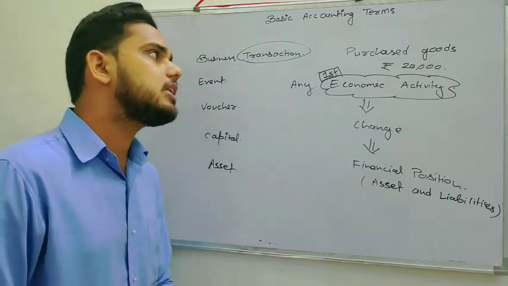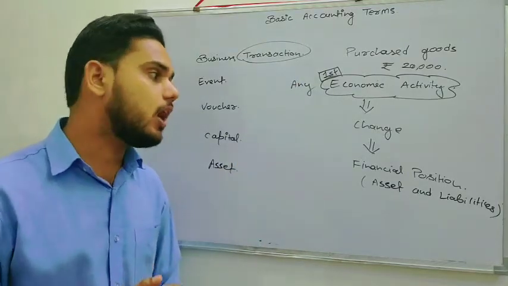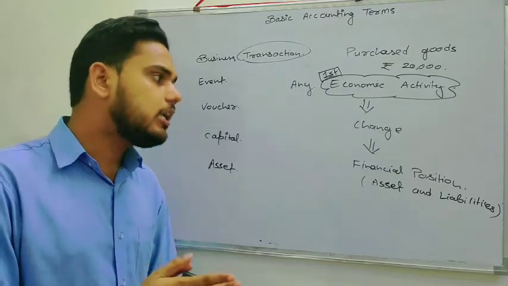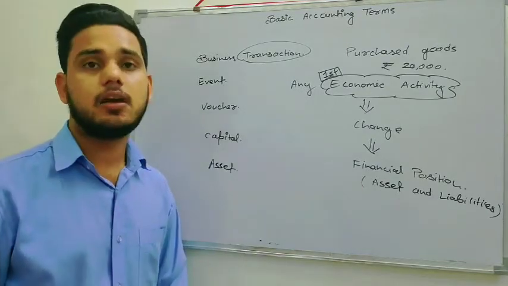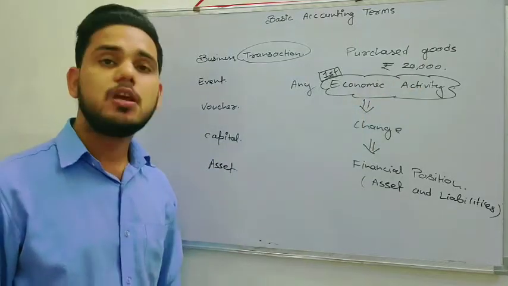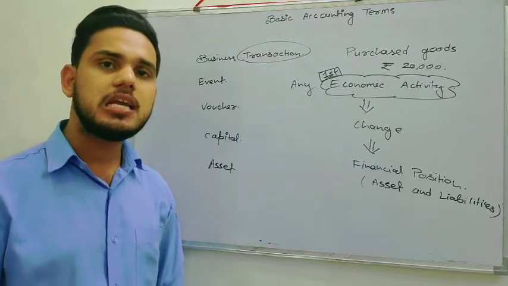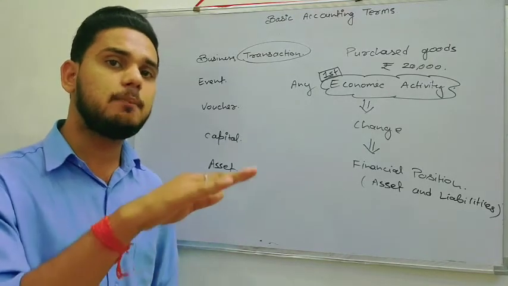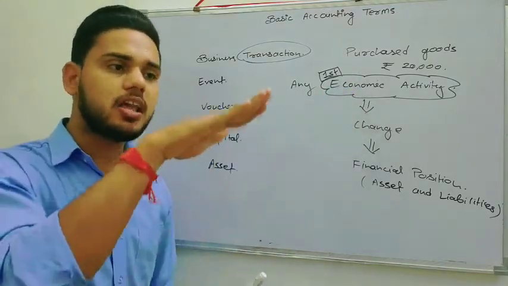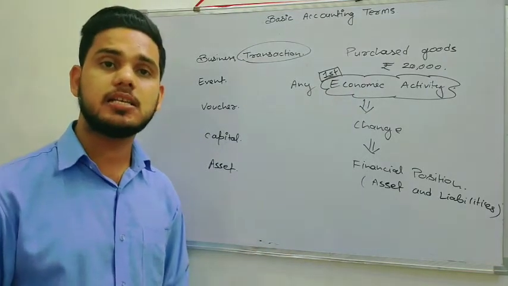If you purchase stock or goods of 20,000, it will affect your asset. How, sir? When you purchase goods of 20,000, you will pay cash of rupees 20,000, and cash is an asset. So because of this purchase, our cash will decrease by 20,000. There is a change in the asset.